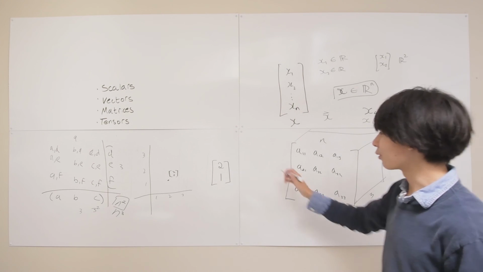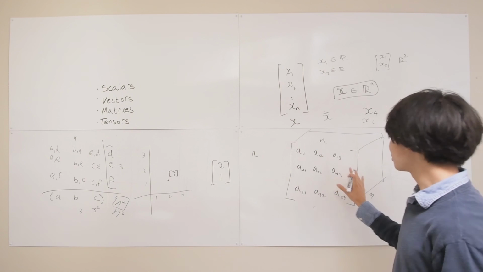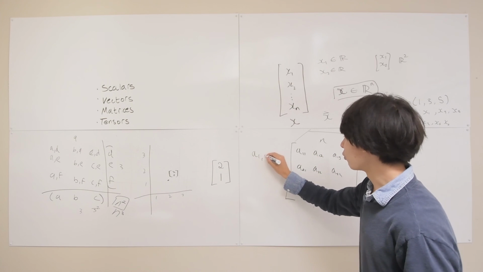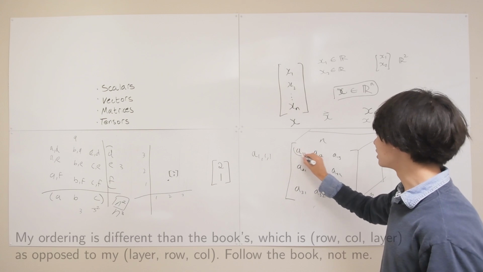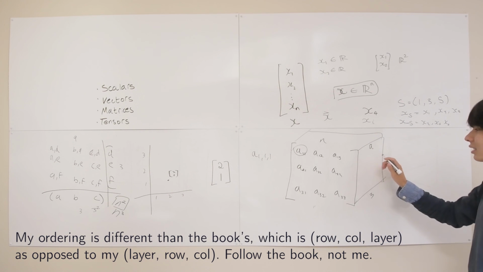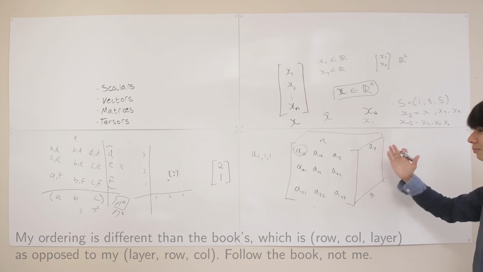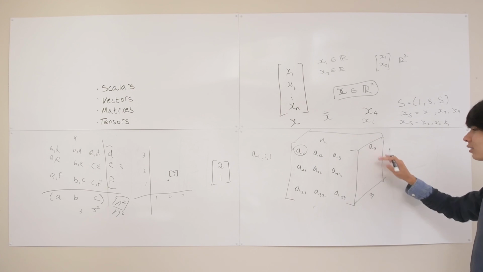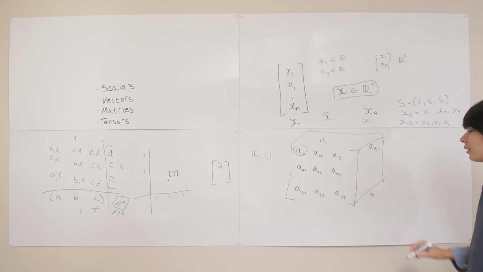So something in the first matrix, first row, first column would be 1, 1, 1, so that'd be this element here. But if we want to index something maybe here, so maybe that's the third matrix back, and then we want something like here but back, so we want the first row and the third column.